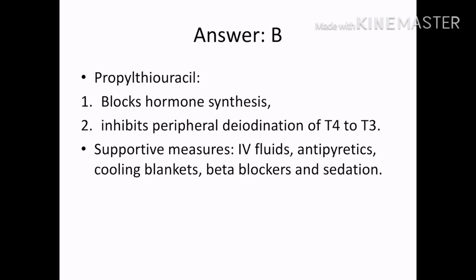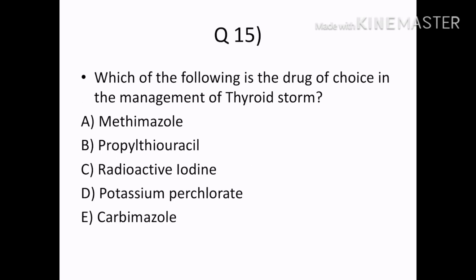The other options, methimazole and carbimazole, do not prevent deiodination of T4 into T3. Radioactive iodine and potassium perchlorate have no immediate effect, and they do not prevent the peripheral conversion of T4 to T3. Therefore, propylthiouracil is the most appropriate drug for the management of thyroid storm.